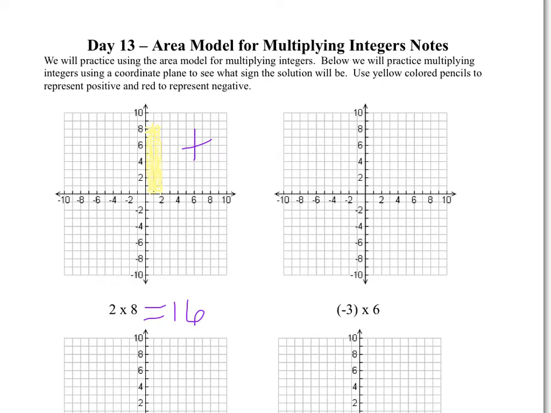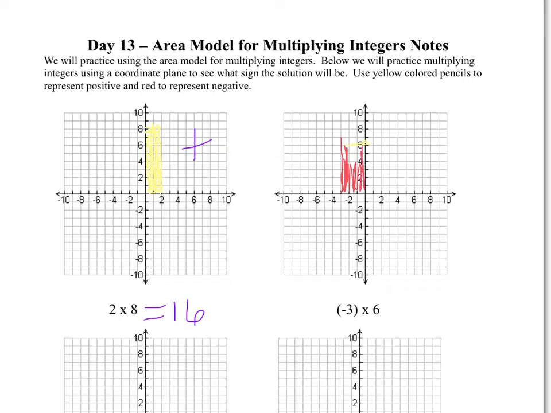For the next problem, we have a negative 3 times 6. So I go to my negative 3 on the number line, and then we look at positive 6 vertically, on the vertical number line. Now we're going to color in our 3 negatives.